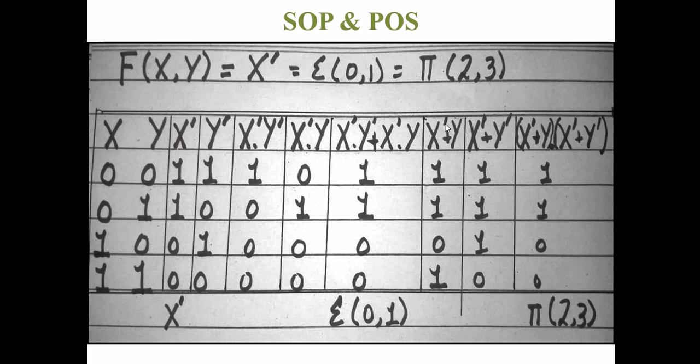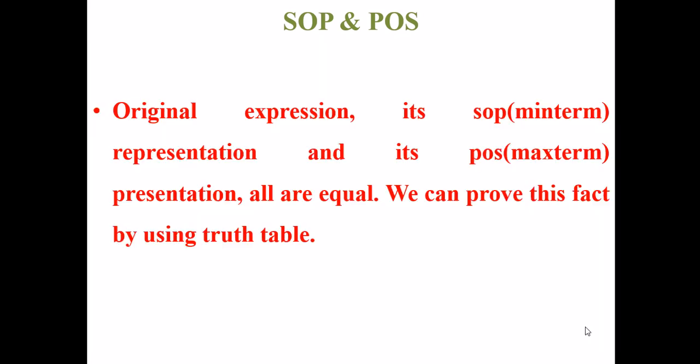After that, if you take x complement plus y and x complement plus y complement according to the next term and multiply both, you will find this 1100. Both are the same, but the representations are different. Here the zeros will be considered as maxterms because it is exactly the opposite of minterm. So you have minterms 0, 1 and you will have maxterms 2, 3.